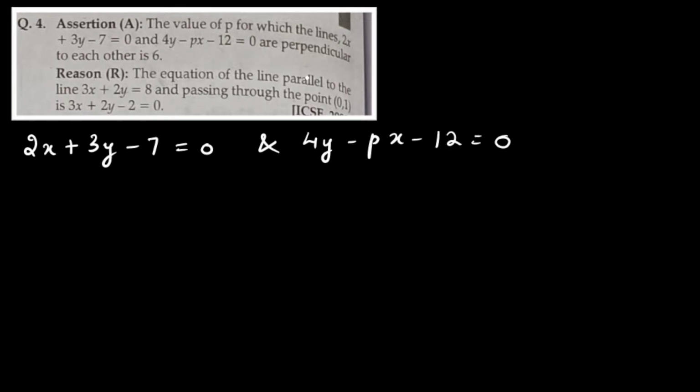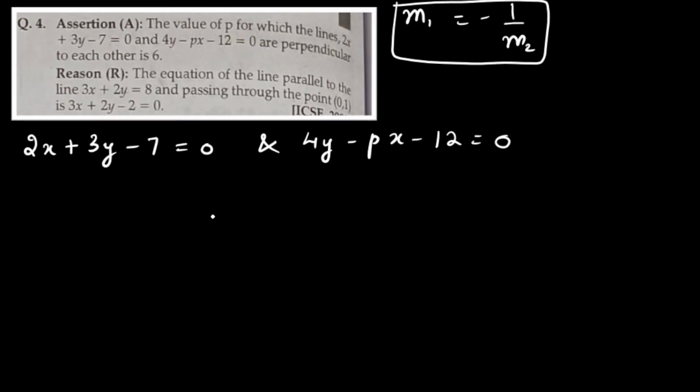So same thing we have to do what we did in previous question as well. We have to find the slope from the first one. If two lines are perpendicular, the slope of one is equals to the negative reciprocal of the slope of other. So we'll use this and find the slope of the other line and then we'll find the value of p.